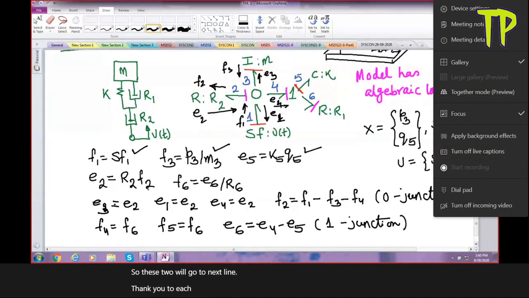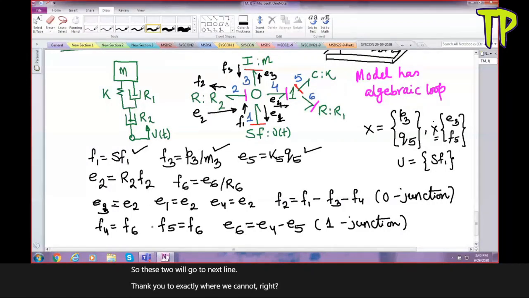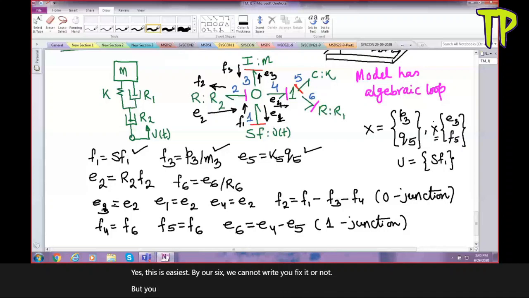We cannot write that, F2 is unknown. F6 is E6 by R6. We cannot write that, E6 is unknown. Then E3 is E2, E2 is unknown. E1 is E2, E2 is unknown. Here F1, F3, F4: F1 is known, F3 is known, but F4 is unknown.